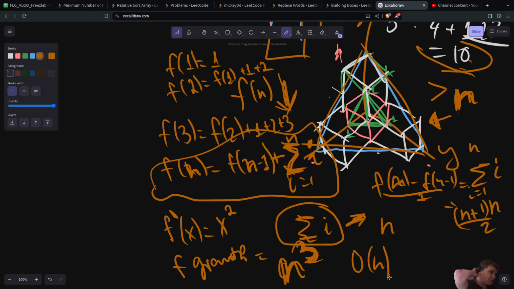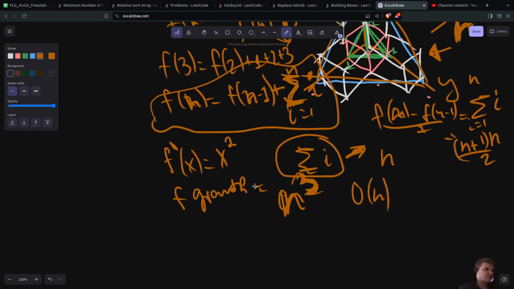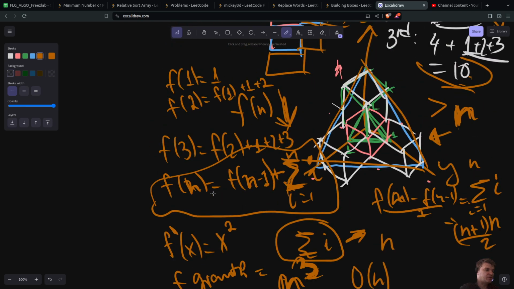I need to think how I can transfer from this exact formula to what's the time complexity of calculating this formula.